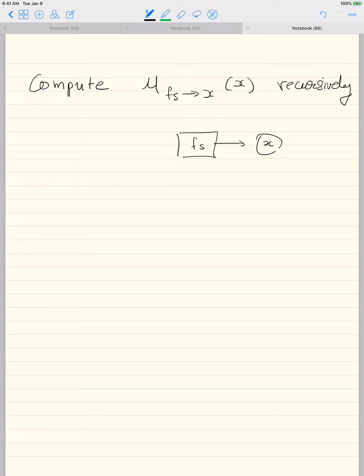Now in turn, because the graph is cycle free, fs will have its own unique descendants, which will not be shared by any other factor nodes. So we have x1 here, we have x2 here, x3 here, and so on.